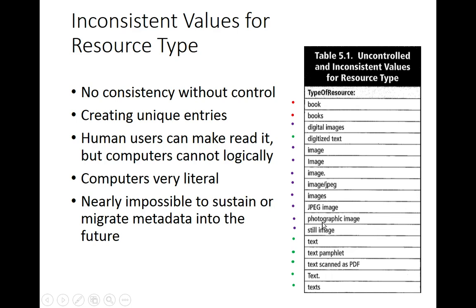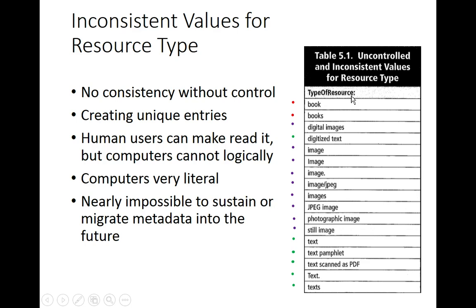They might say for image, you use just image. Another standard, and I don't know this offhand, I should, might say still image is the authorized type of resource that you use. So it really helps you disambiguate which authority you're going to use.